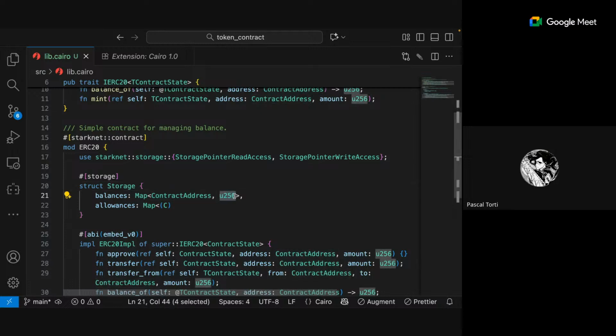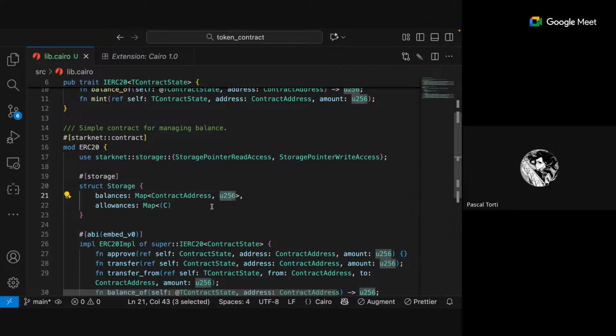So for example, I want to check the balance of a user, the user of a contract address. When we get the caller address, the person that calls the function, we do storage dot balances dot entry. You're going to read this address, then you're going to write or read the value. So this is the key and this is the value.